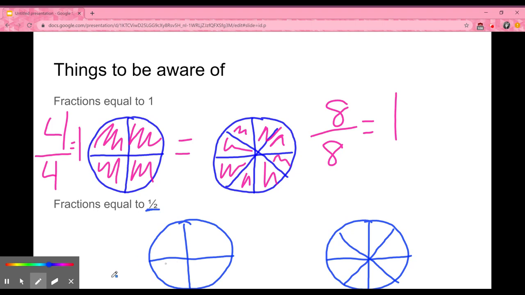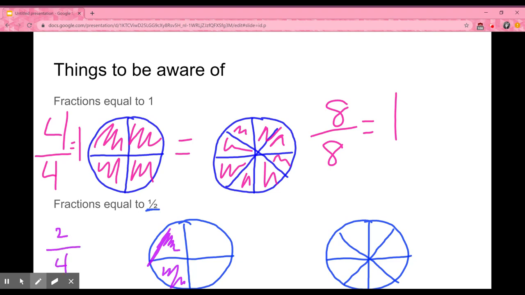So if I were to eat half of this pizza, I would be able to split it in half into 2 pieces, and they should be the same size. So if I eat these 2 pieces, that's the same size as these 2 pieces. So this is half. I've eaten 2 pieces out of 4 total, 2/4.